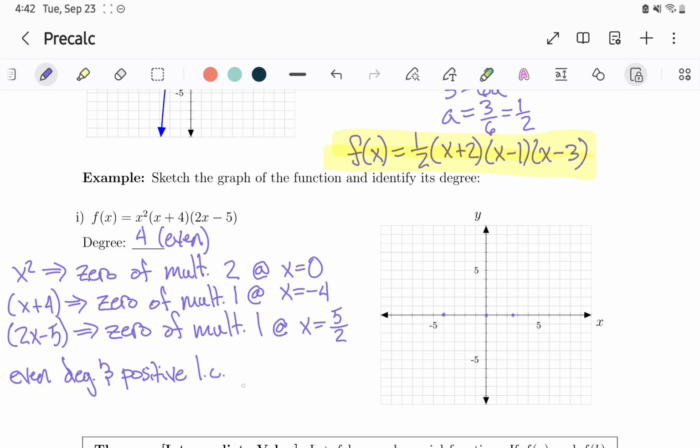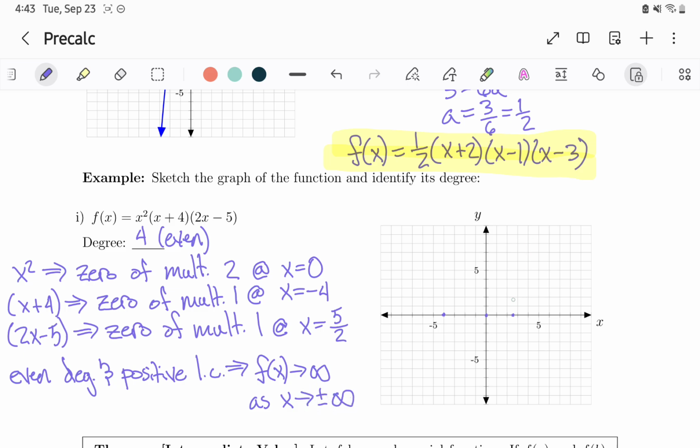I'm just going to abbreviate LC. This all tells us that f of x is going to go to infinity as x goes to plus or minus infinity.